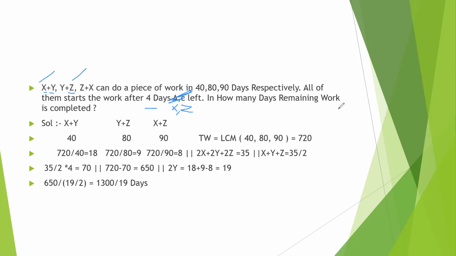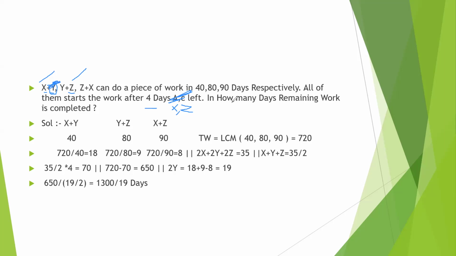Now, in how many days is the remaining work completed? We know the remaining work can be completed by y only. Why? Because the number of persons is 3, 2 persons leave the work, and the person remaining is only y. So y can do the remaining work; the entire remaining work is completed by y only.